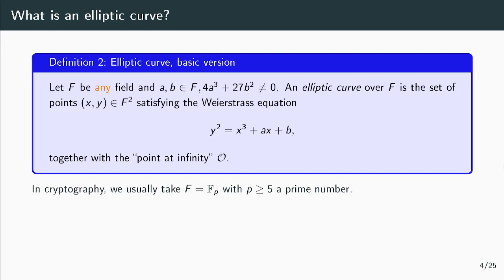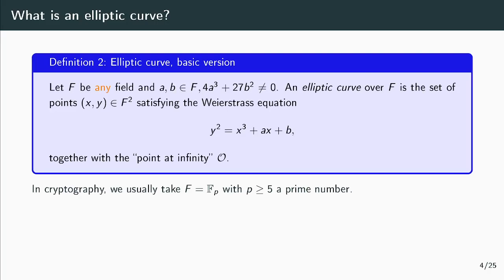Alright, now we are ready for the main definition of this lecture. There are several different definitions of elliptic curves in fact, but in order to avoid projective and algebraic geometry, we will go with quite a simple version. So let F be any field and choose 2 coefficients a and b from the field, such that a certain expression is non-zero.